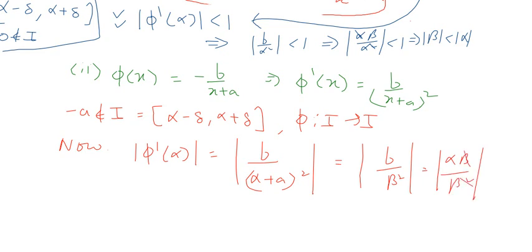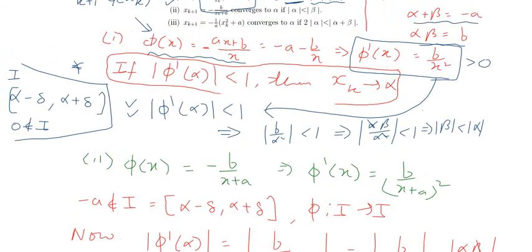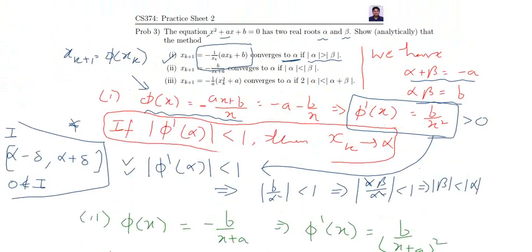So you have mod alpha by mod beta, which is certainly less than 1 only if mod alpha is less than mod beta, right? Similarly, you can do the last part of the problem, and you can show that the root converges to alpha if 2 times mod alpha is less than mod alpha plus beta. Okay, right.